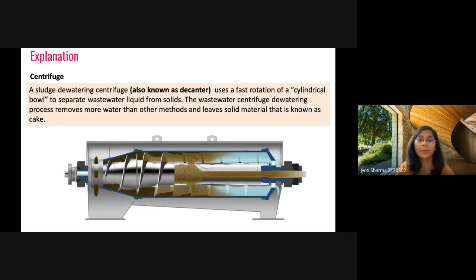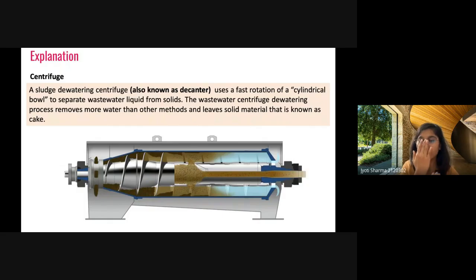So this is how the cylindrical bowl will move, and this fast rotation of the bowl will separate your liquid from the solid. Okay, and this is how the wastewater centrifuge dewatering process removes more water than other methods, and that leaves solid material, and that solid material is known as cake.